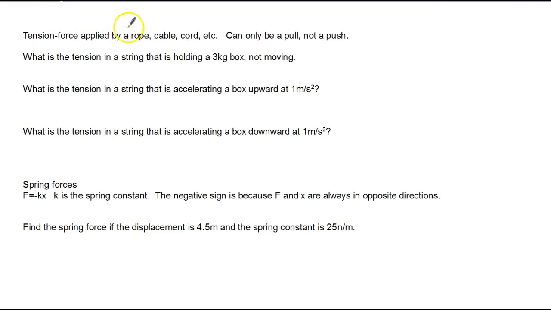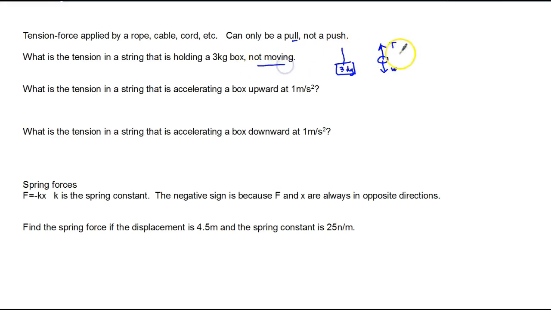The tension force is a force that's applied by a rope or a cable or a cord or yarn or a string or anything like that. It can only pull and not push. What is the tension in a string that is holding a 3 kilogram box not moving? So I have a 3 kilogram box suspended by a string. If I drew a free body diagram, I've got the tension up and the weight down.